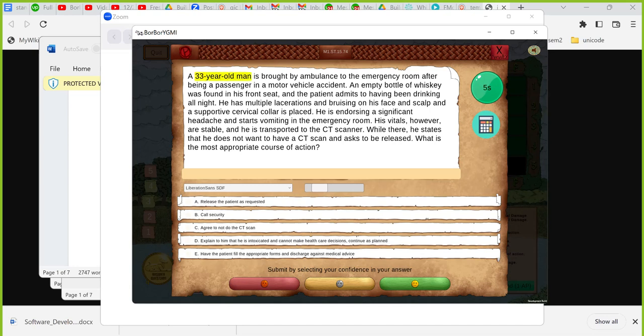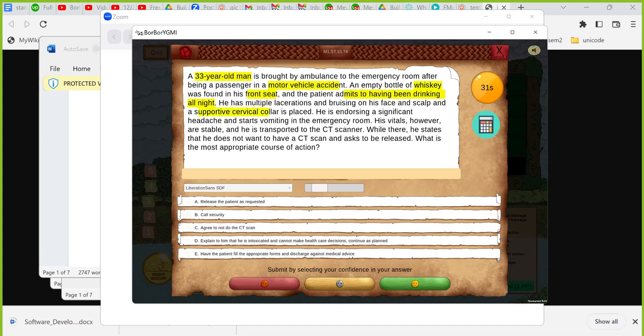A 33-year-old man is brought by an ambulance to the emergency room after being a passenger in a motor vehicle accident. An empty bottle of whiskey was found in his front seat, and the patient admits to having been drinking the whole night. He has multiple lacerations and bruising on his face and scalp, and a supportive cervical collar is placed.